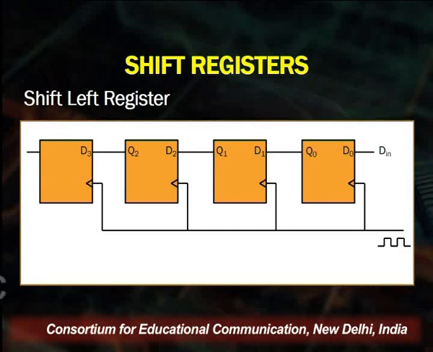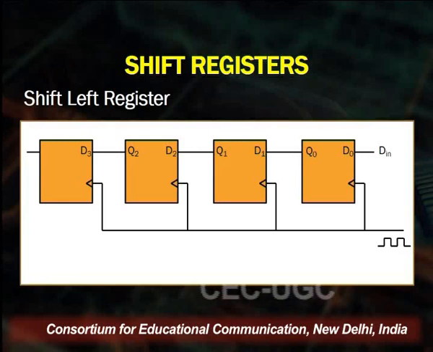So the third clock pulse will give us Q3, Q2, Q1, Q0 as 0, 1, 0, 0. The fourth clock pulse will give Q3, Q2, Q1, Q0 as 1, 0, 0, 0.